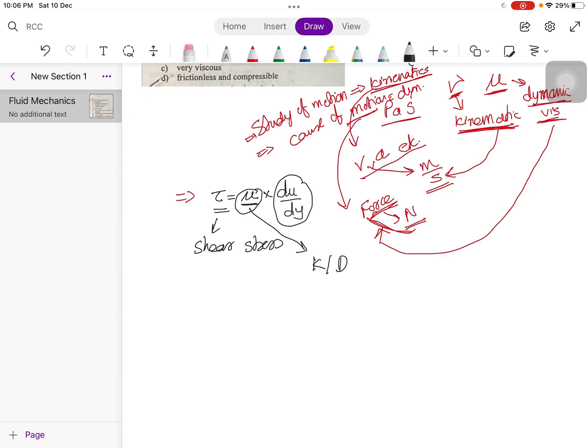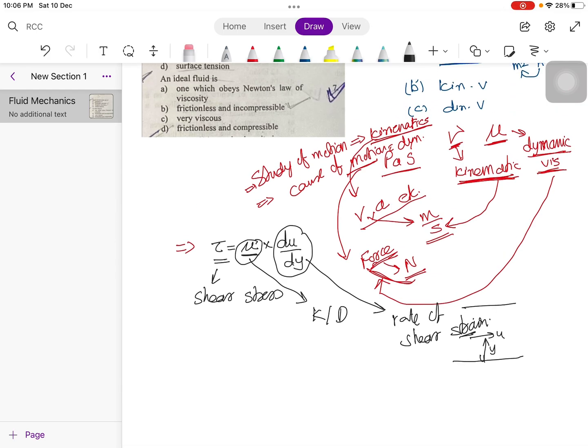And du by dy is the velocity gradient between the two layers in a fluid. This du by dy is also known as the rate of shear strain, which we will come to know later as we go on solving more and more questions in this book.